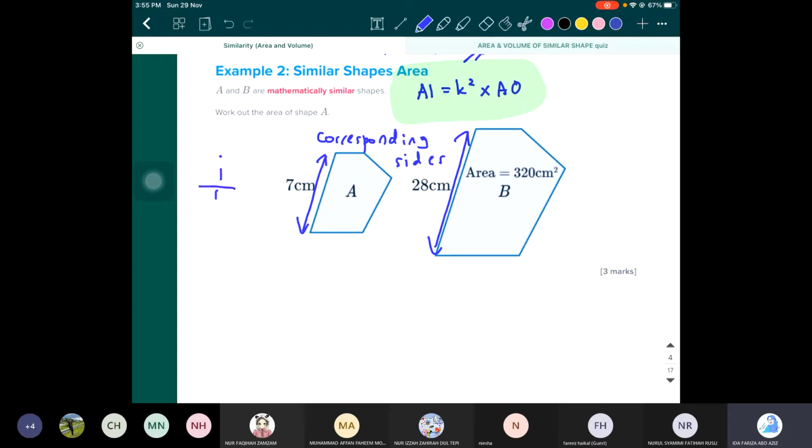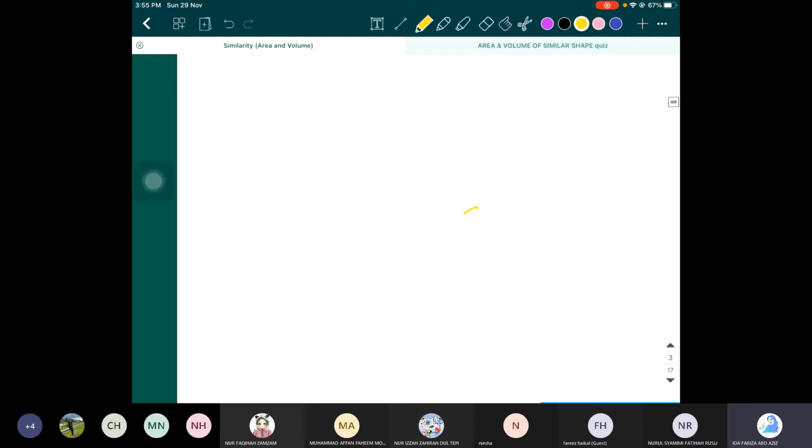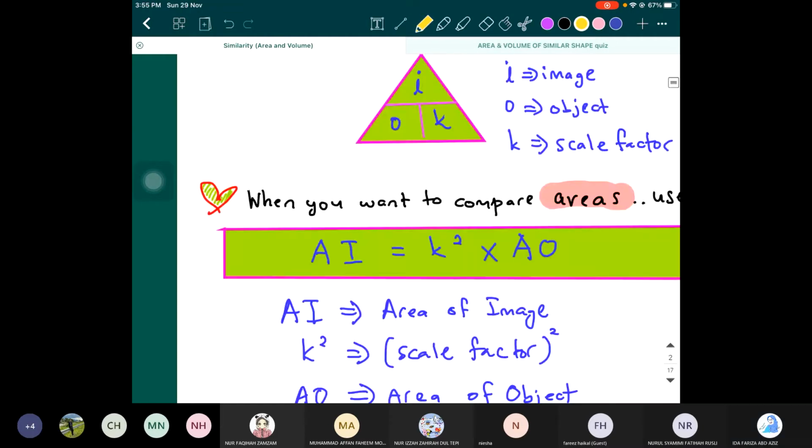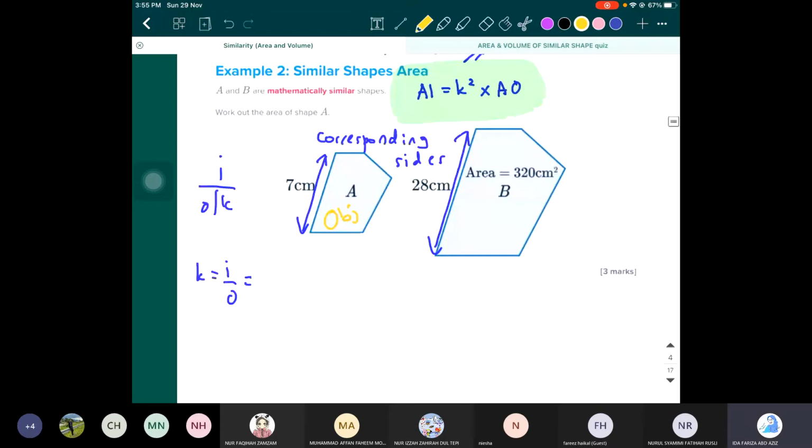So, guna piramid IOK, cari K dulu, image per object. Okay, before kita nak masukkan image apa, objek apa, tetapkan. Decide on your own. So, I decide this is object, this is image. Oh, sorry. This is image. Okay. Shape A adalah objek, shape B adalah image.